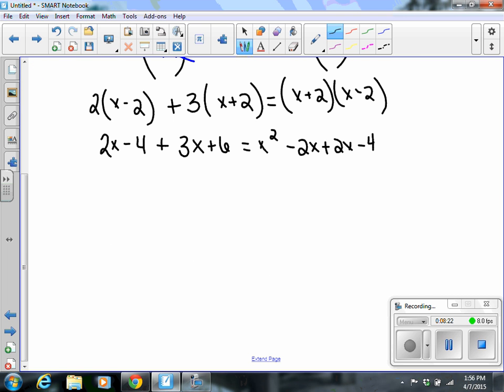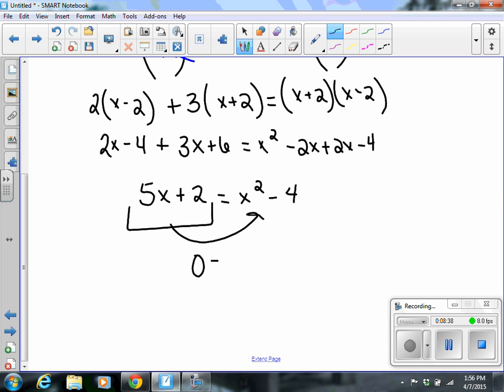So looking at the left side, I have 5x plus 2 equals x squared minus 4. Again, my goal is to equal this to 0. So I'm going to move this over. So I have 0 equals x squared minus 5x minus 6.